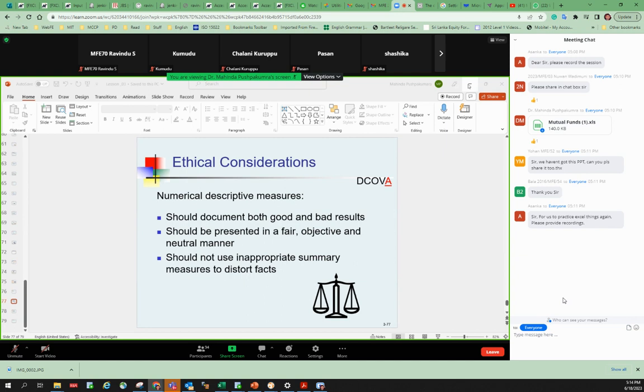Then you learn measures of variation and shape of the distribution. These are the 3 things we learn under descriptive statistics.